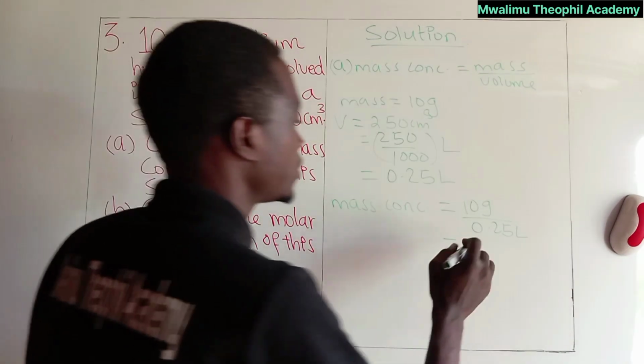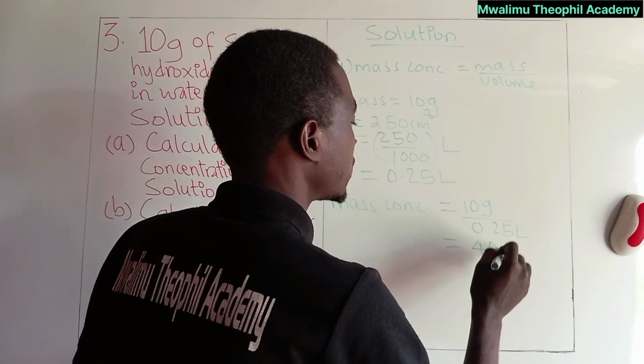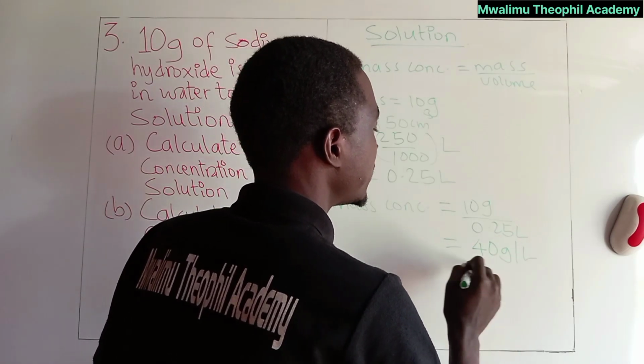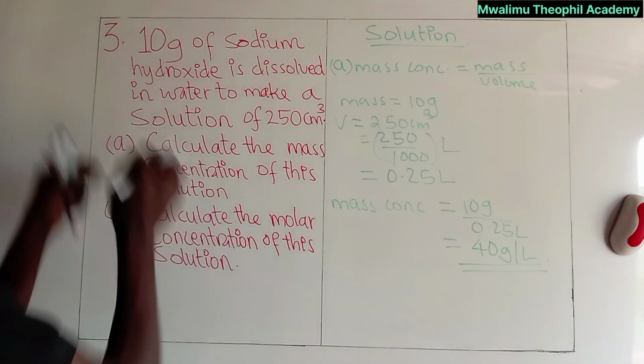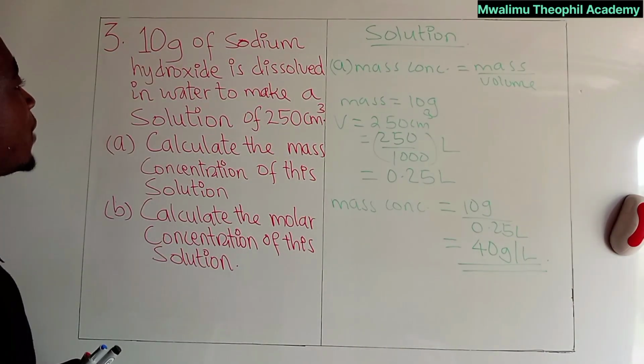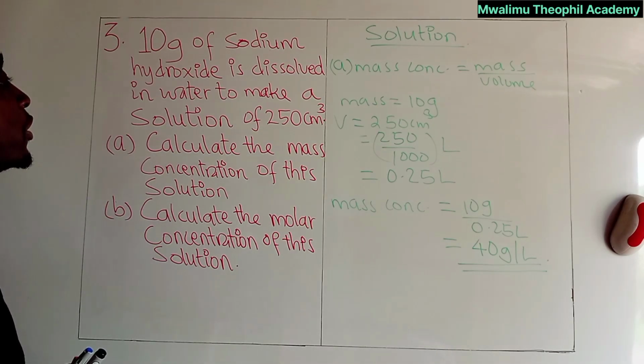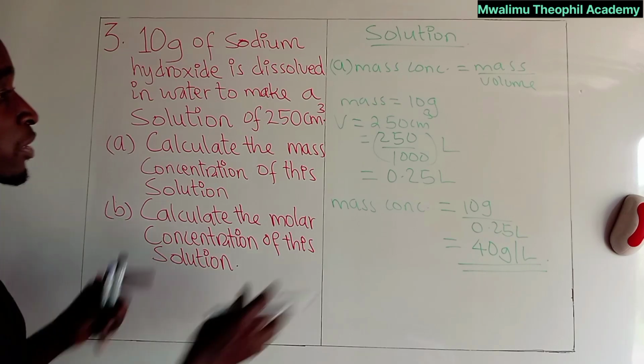So it will be equal to 40 grams per liter. This is the mass concentration of 10 grams of sodium hydroxide dissolved in 250 centimeter cubic. So this is the answer.